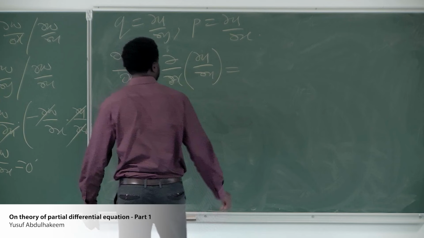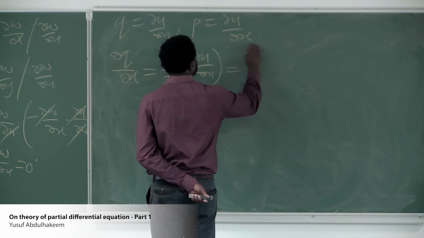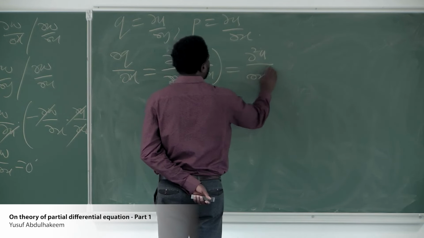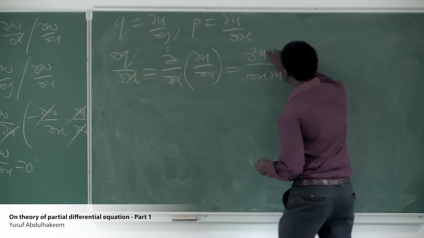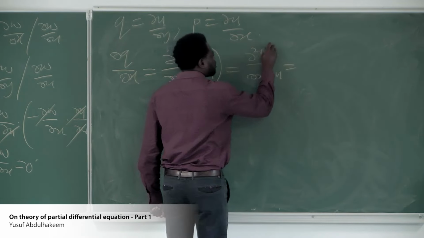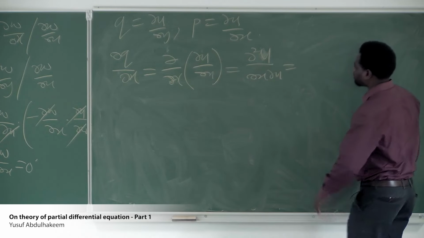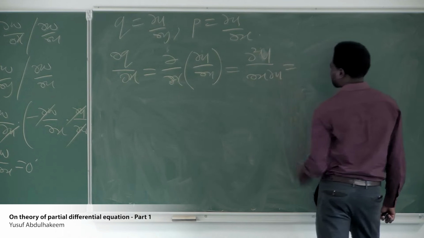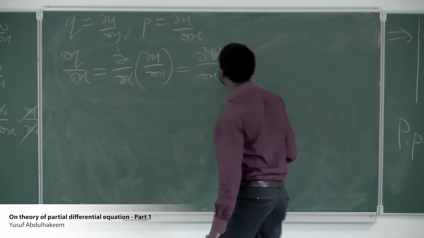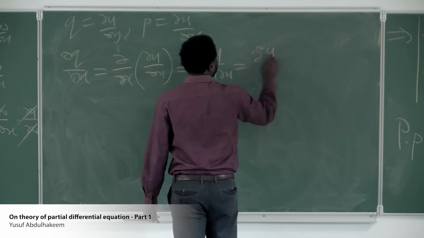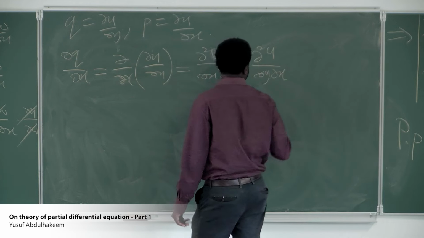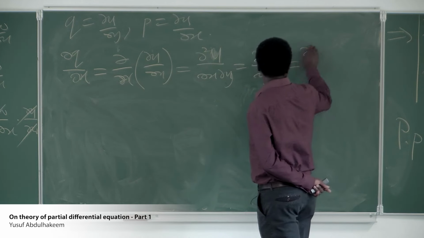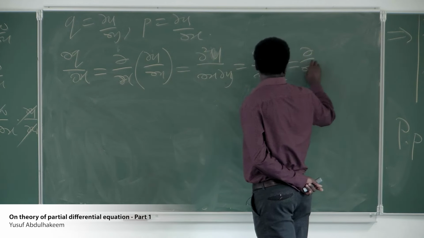And this is the same thing as the second derivative of u with respect to x and y. It's only one unknown function that we have here, which is u, and as such, the second derivative of this, we can easily interchange. This is also the same thing as the second derivative of u, dy dx, which is the same thing as dy of du dx.